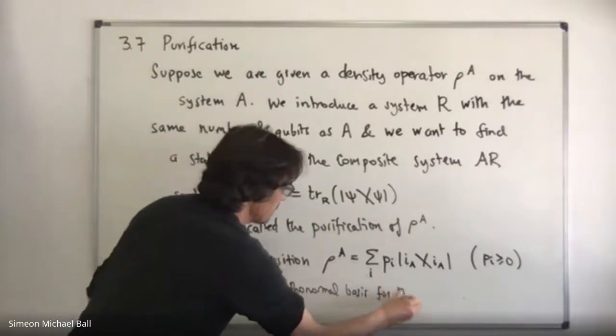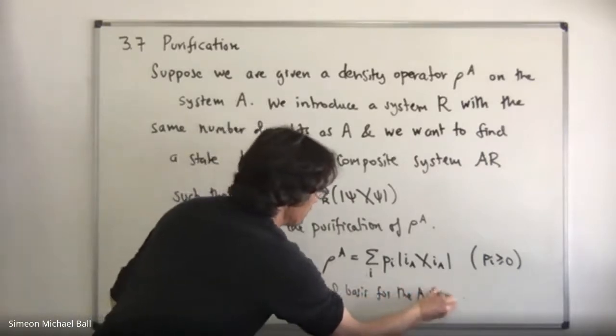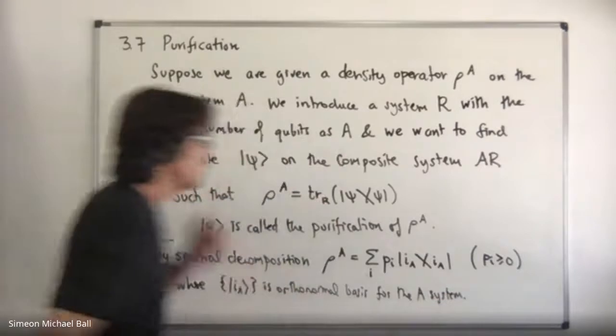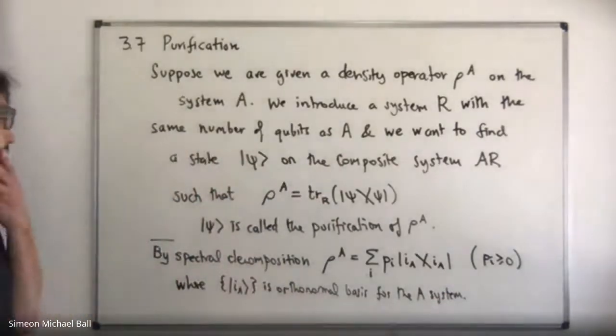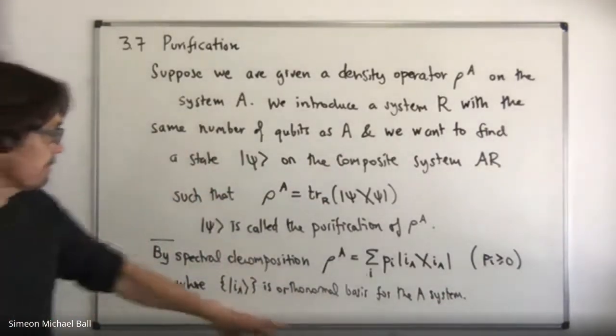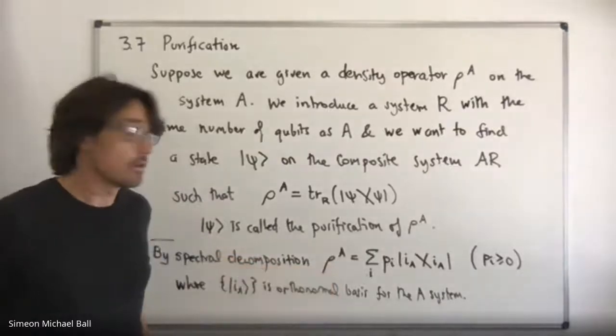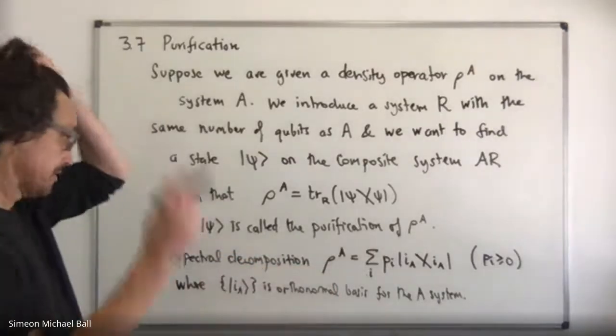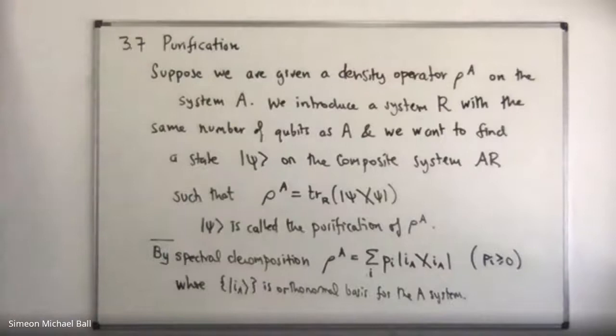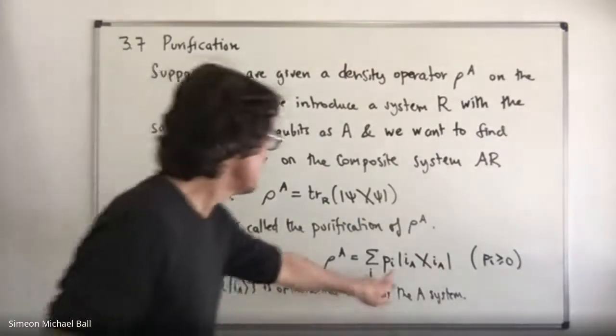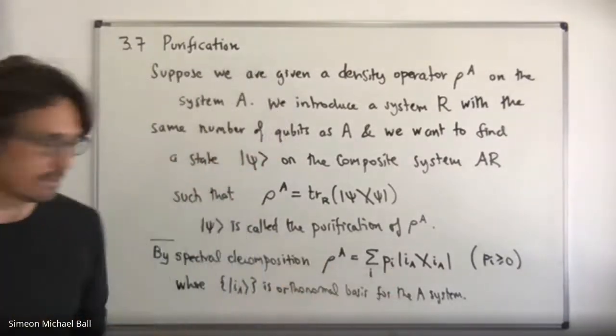That was by the spectral decomposition theorem and the fact that this rho A is a density operator. So it's positive and has trace 1. So we can think of these p_i as probabilities.